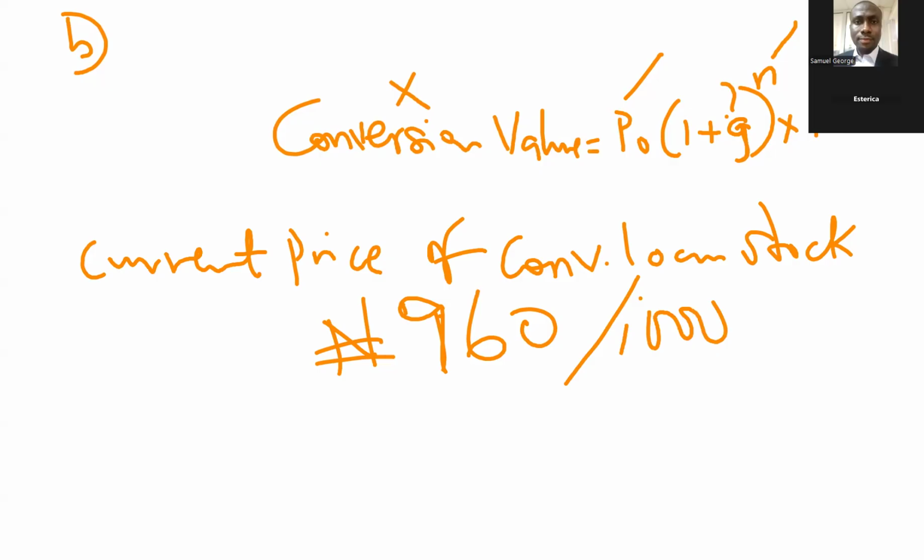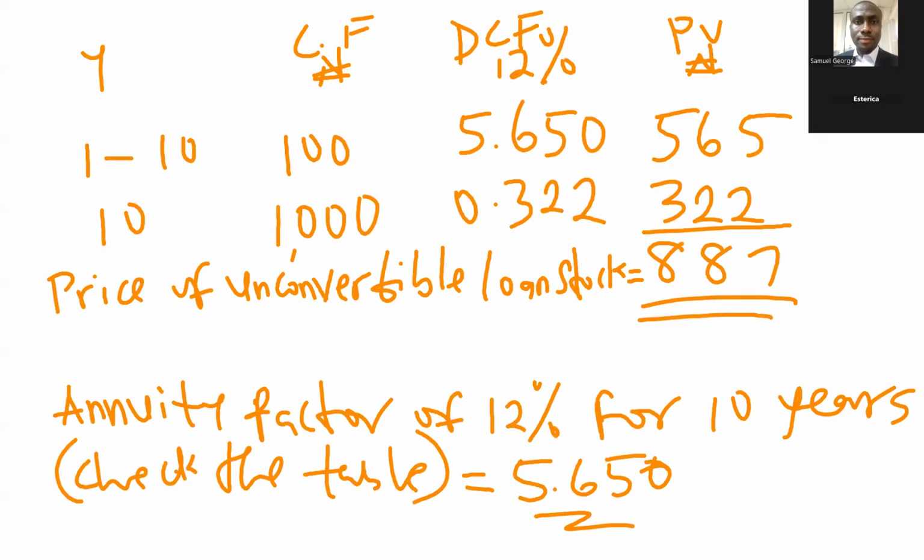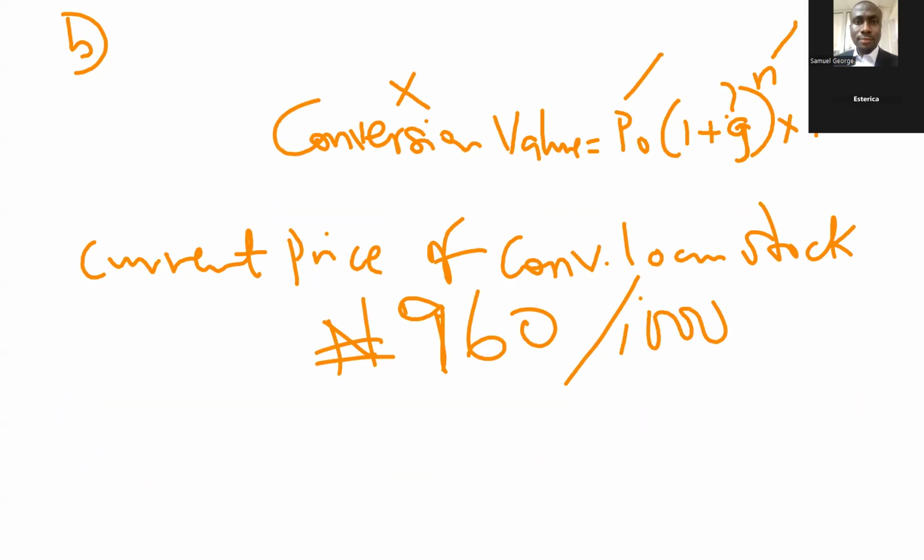So that is the price. Now, the one we calculated the other time, this one, 887, is for the unconvertible. Now, look at the way we calculated this one. That is how they calculated that 960 for the convertible. In calculating that 960, this is the formula they used. I'll quickly go to the formula.